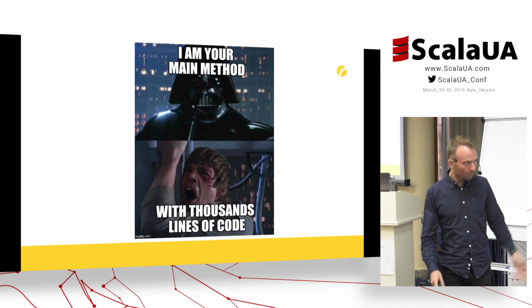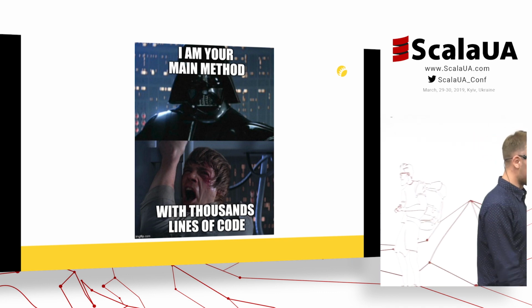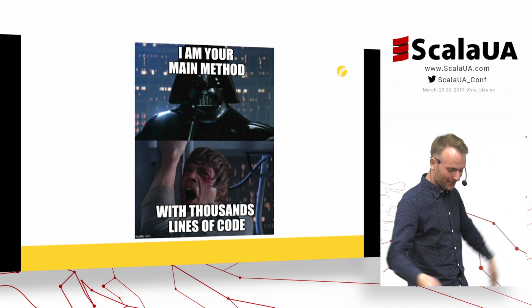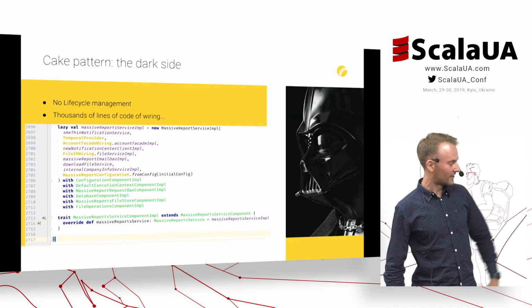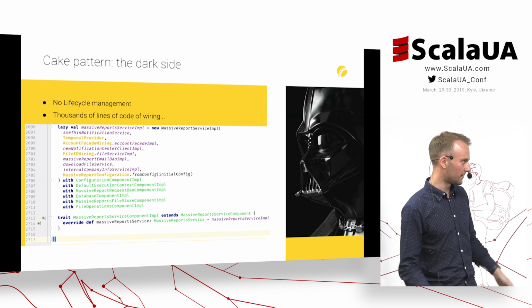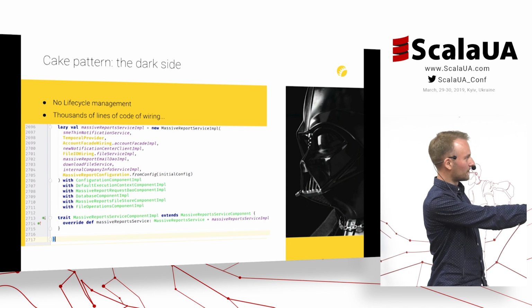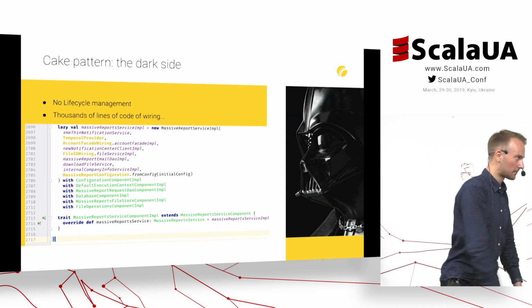But in large projects, wiring is very huge. It's just an example from one of my projects. Currently, I'm developing an online bank, and this is a sample of the main method. 2,000 lines of code of lazy val something equals this, and about 15 of these clauses.